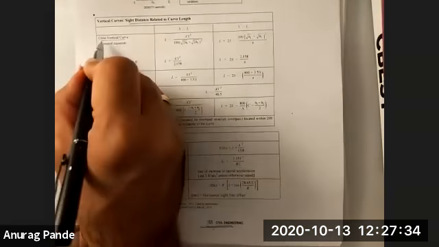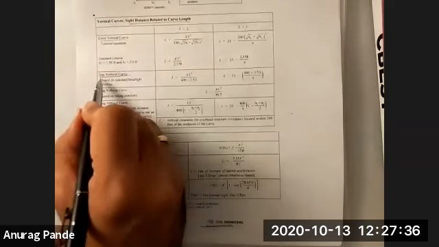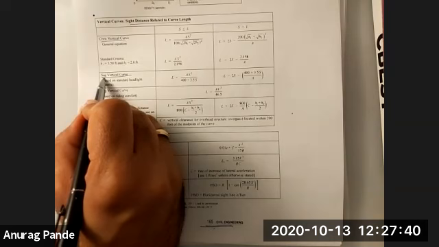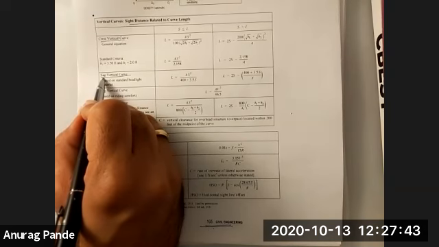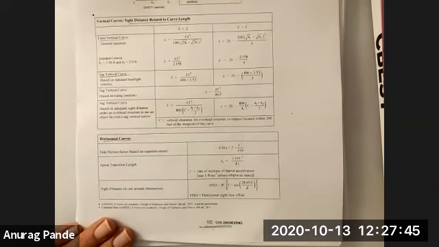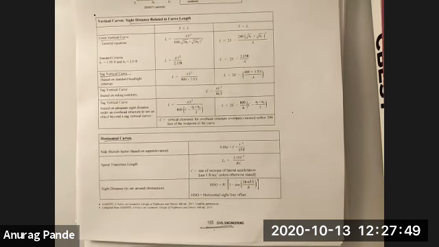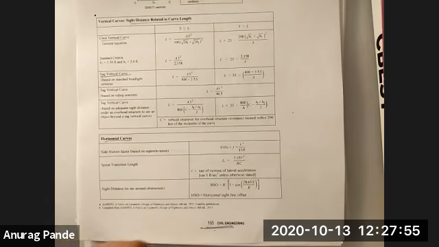There are different formulas for crest vertical curve and sag vertical curve. So it's very important for you to make sure that you are applying the correct formula for a sag or crest vertical curve. When you apply these formulas, you could be looking at these problems in two different circumstances.